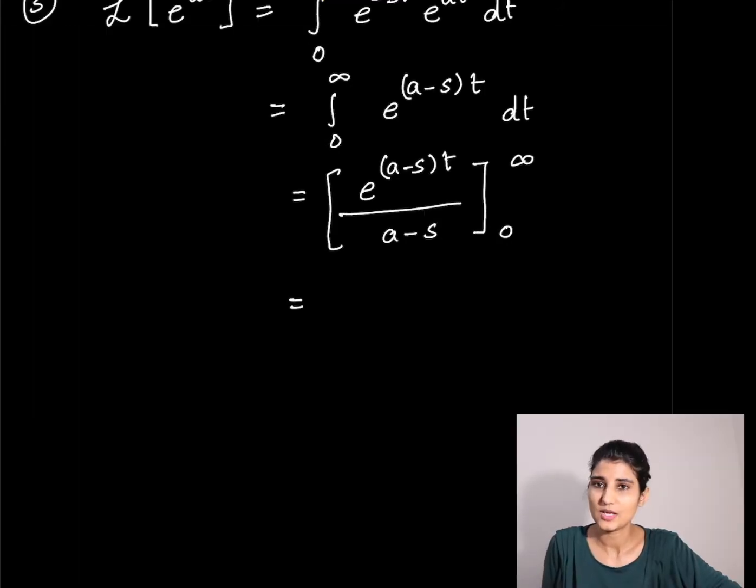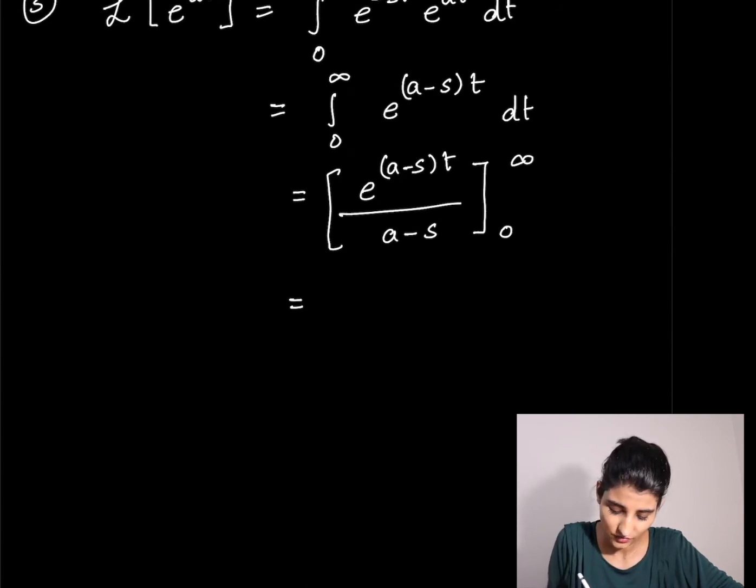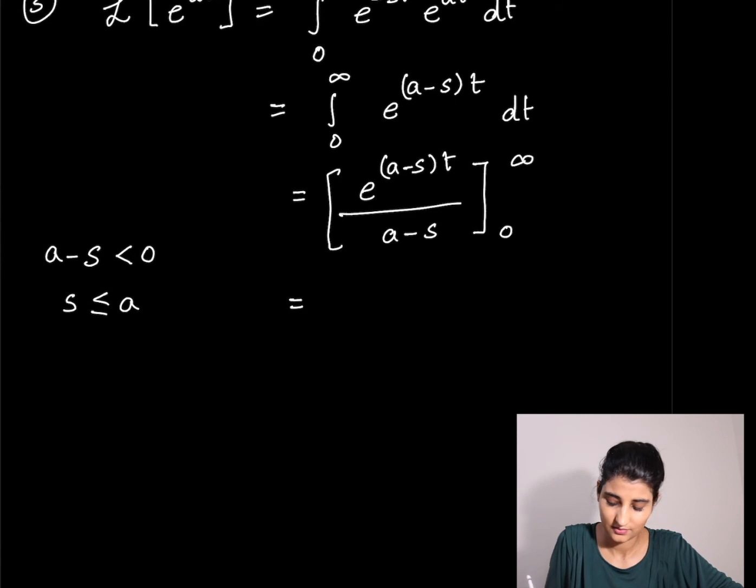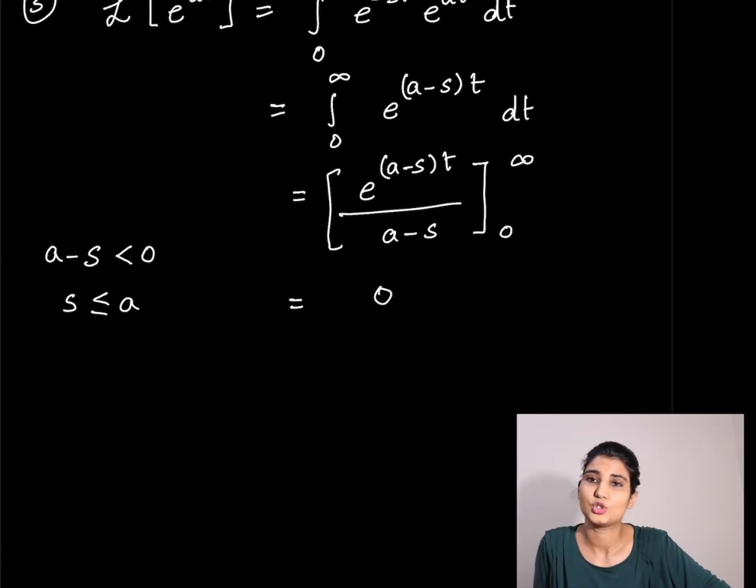So first we substitute the upper limit. If we substitute the upper limit, it will go to 0 if a minus s is negative, right? It means s is greater than a. In that case, when we substitute our upper limit, we will get 0.